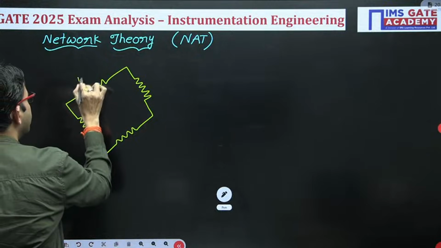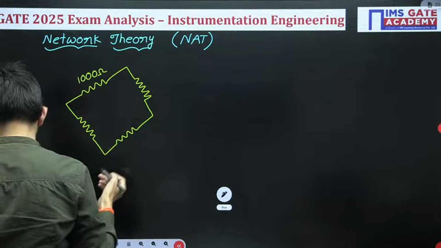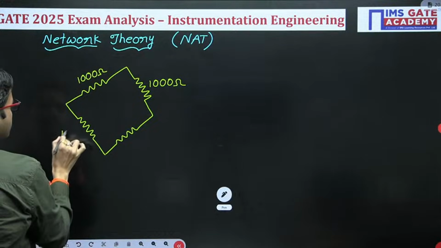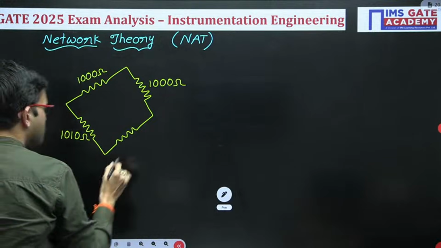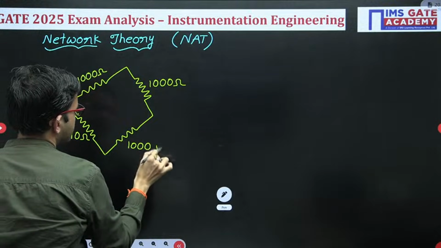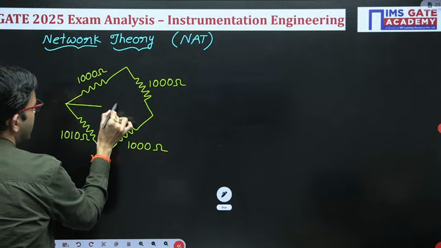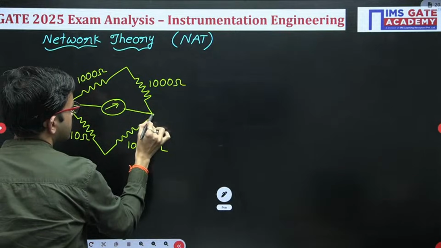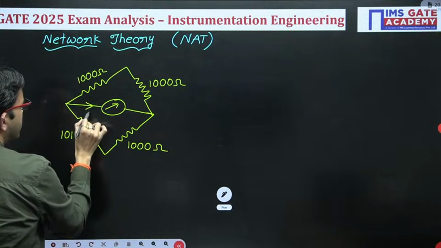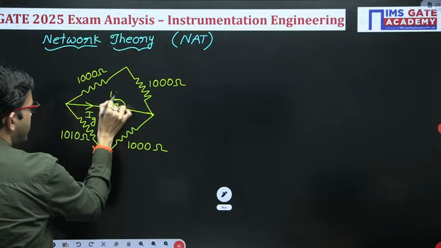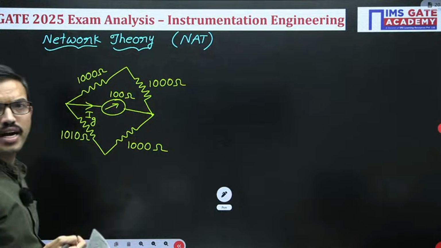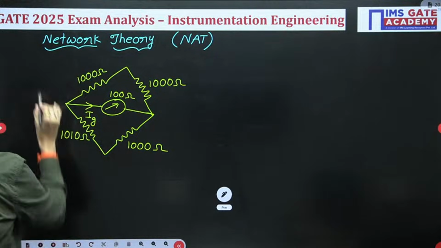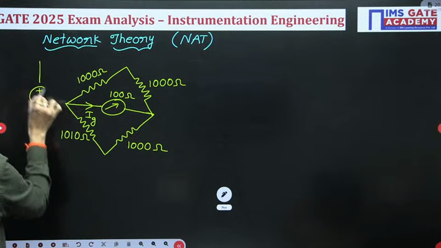Here they have given 1000 ohm, next 1000 ohm, then 1010 ohm, then 1000 ohm. After that, here you are having the galvanometer. The current flowing through it is Ig, that we are supposed to calculate. The galvanometer is having internal resistance 100 ohm. Here we are supposed to calculate this current, and in this question the supply voltage is given as 4 volt.